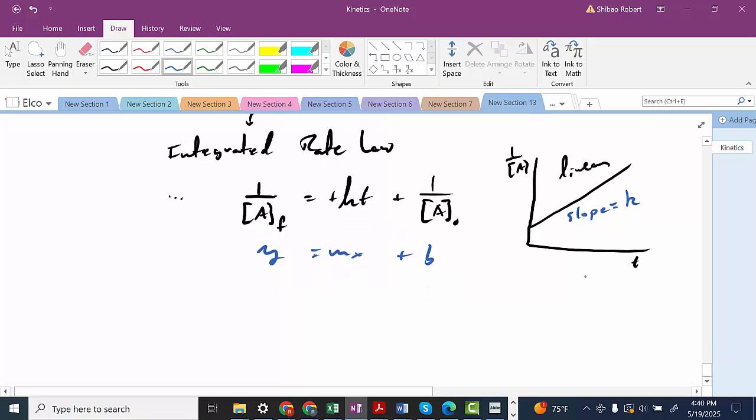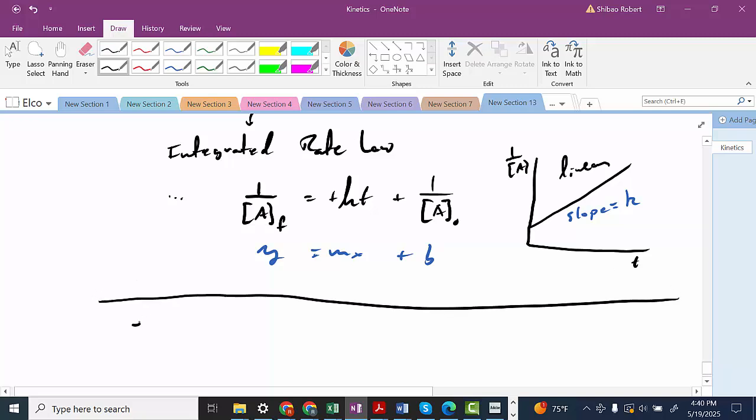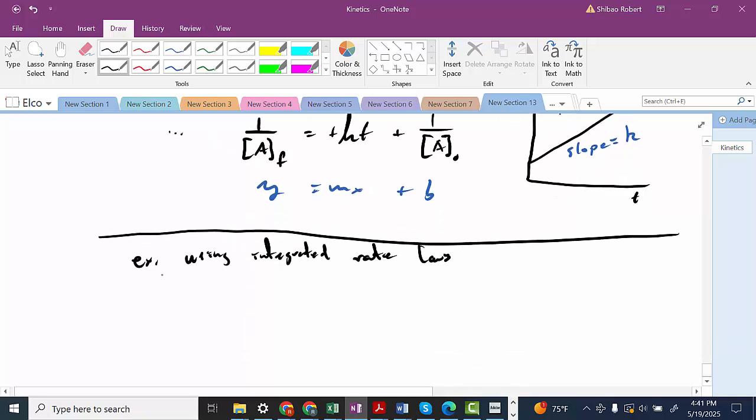Now, one of the things we could do with these equations is let's put it to use right now. An example of using the integrated rate laws: we can determine T1 half for the various orders.